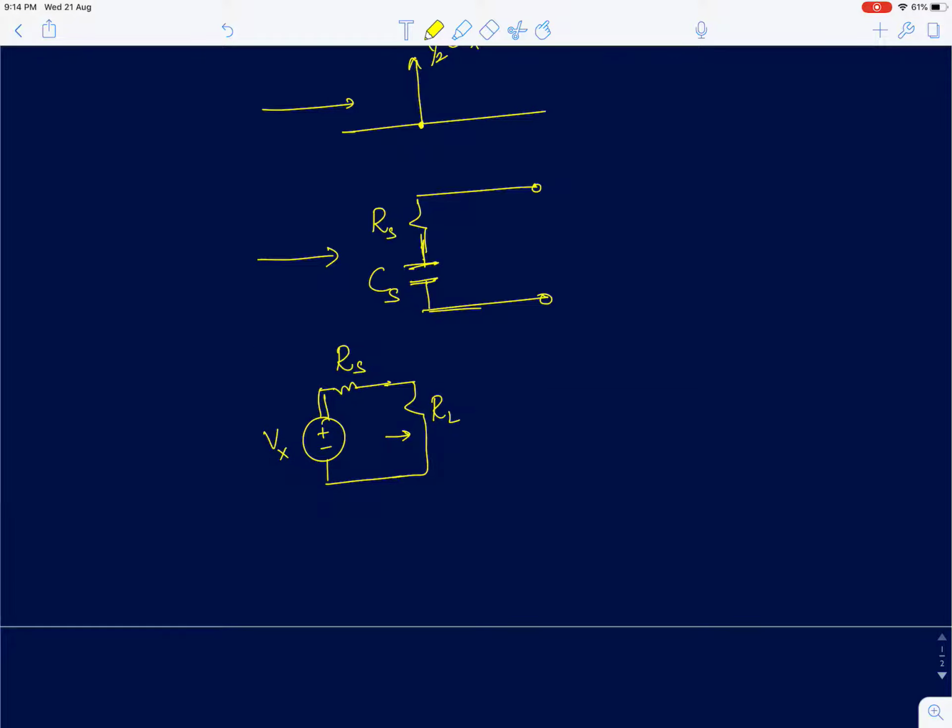This captures that the voltage source can only deliver finite power. But still, in this model, the power is delivered constantly, which means the energy can be infinite. So this is a voltage source which can deliver infinite energy.